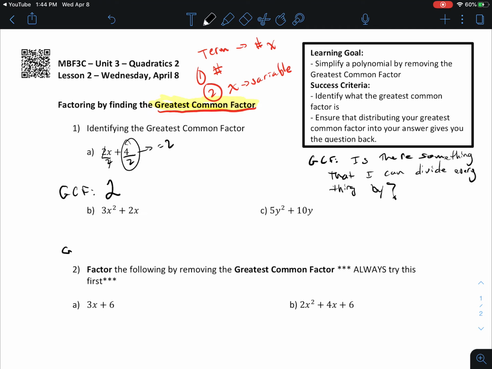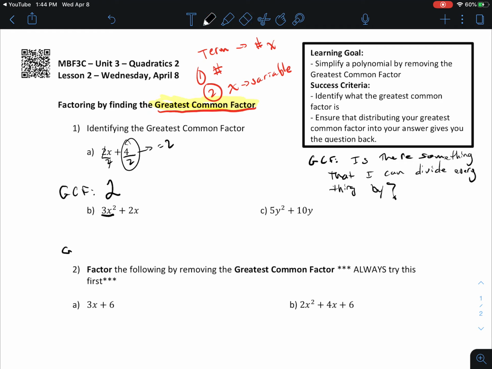In this particular question, this is different than A, but I can't divide by 3 this time, because 3 doesn't go into 2 evenly. I also can't divide them both by 2, because this doesn't work. This is just messy. It has to work on both of them.